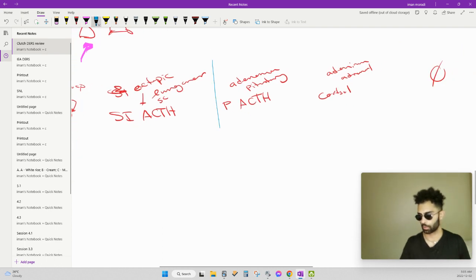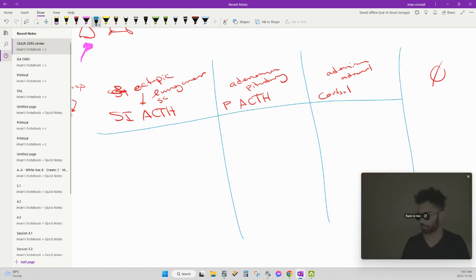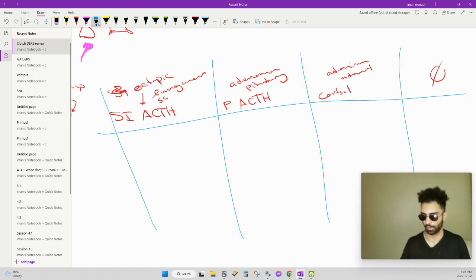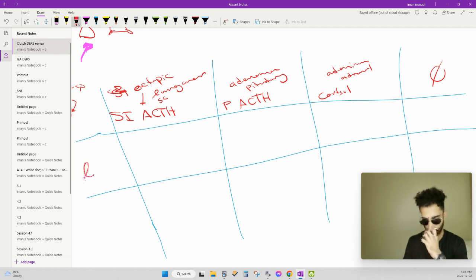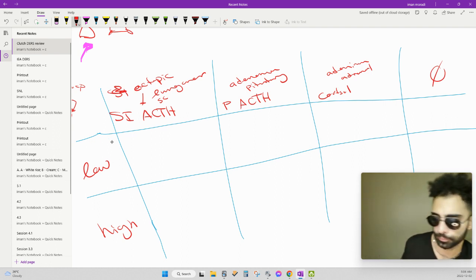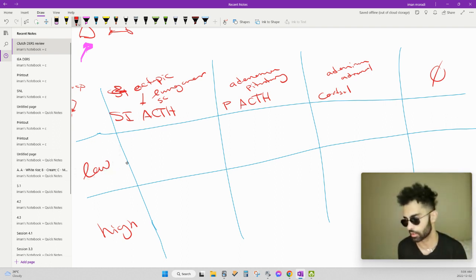Let's draw a bunch of lines to make things look cleaner. All right, let's learn this once and for all if you haven't. We have our low dose here, and our high dose here. When you give someone the low dose, there is the normal person.